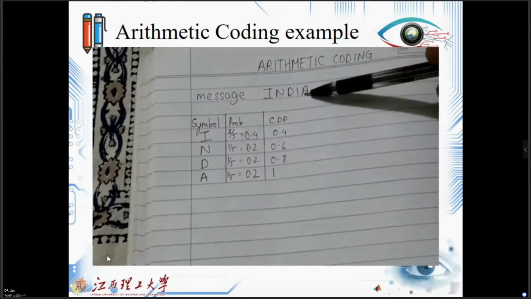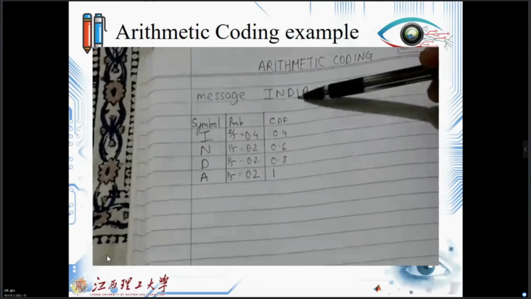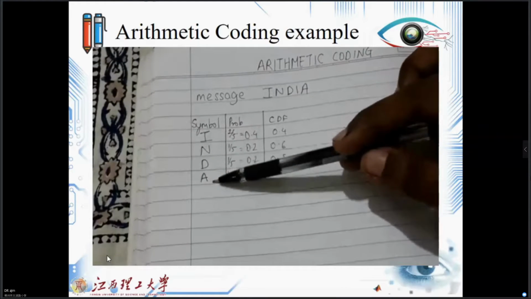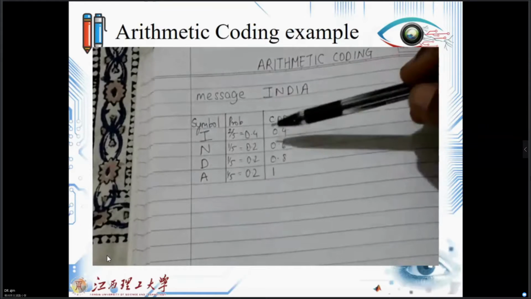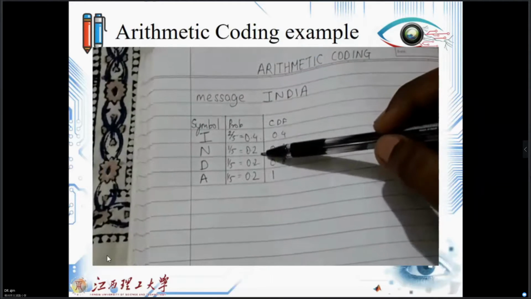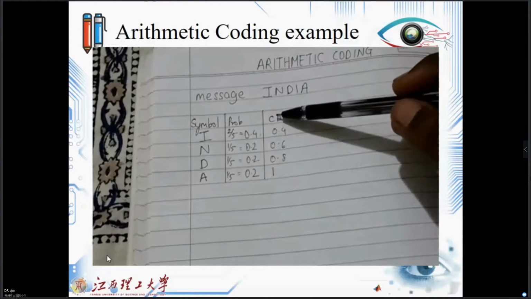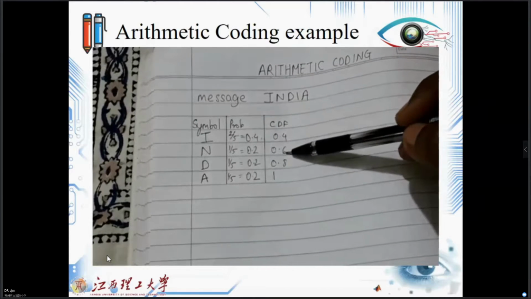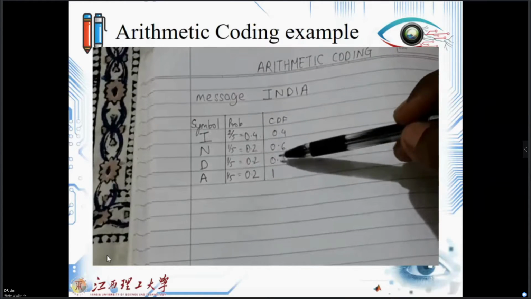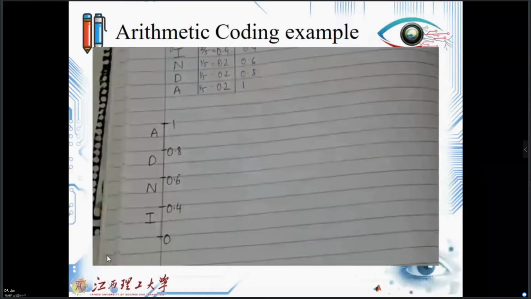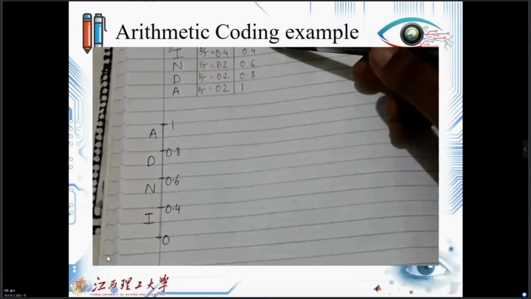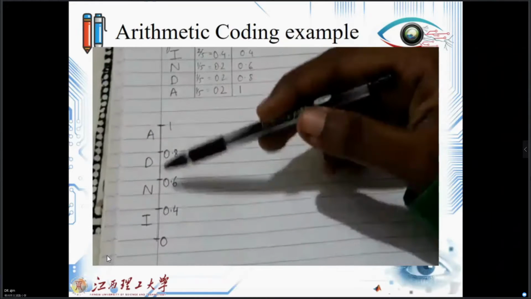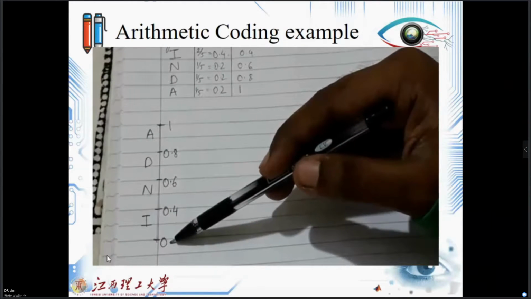First, the probability will be calculated. Then we will sort the probabilities that we have from up to down with the words of I and DA.